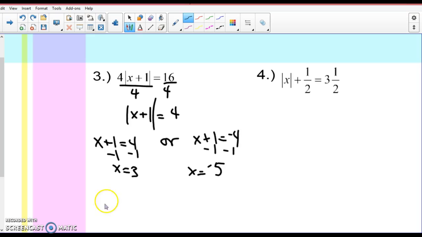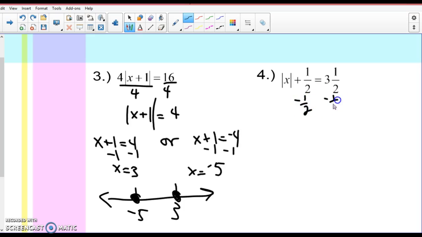Now, if I ask you to graph this, here's negative 5, here's 3. All I'm going to do is put a solid circle on both of them. There's no shading because the answer is negative 5 or 3. Solid dots on both. This one, subtract 1/2 from both sides. So I'm going to have the absolute value of x is 3.